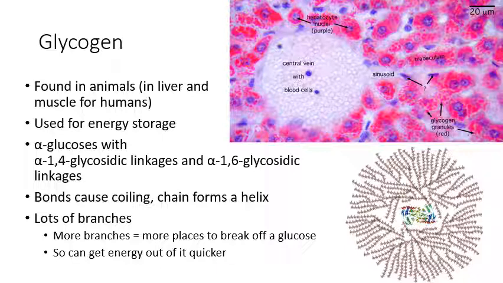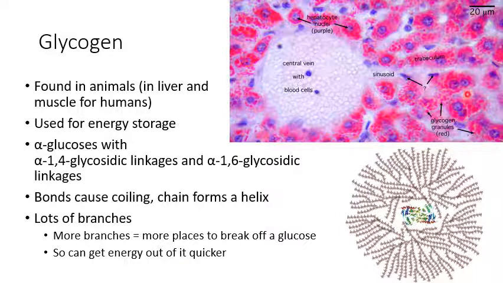Every place on this molecule where you have a chain ending, that's a place where the body would be able to break off a glucose molecule and use it for energy if need be. So the more branches you have, the more chains you have, and all of those chains will have an end. So the more places you have where you're able to break off a glucose molecule when you need it to be used.